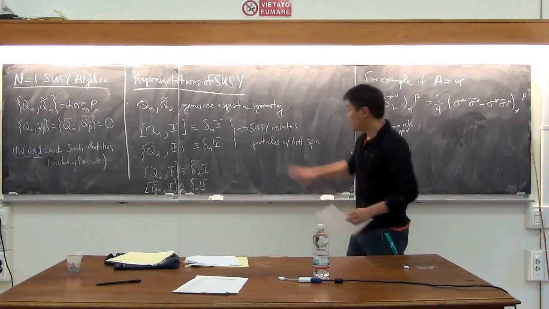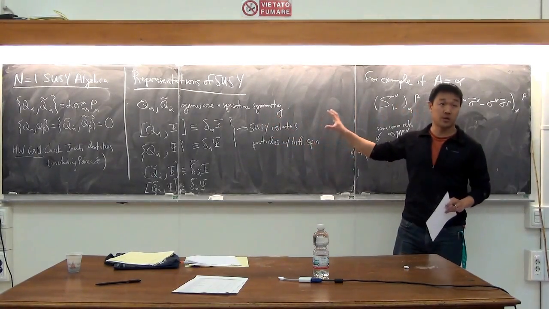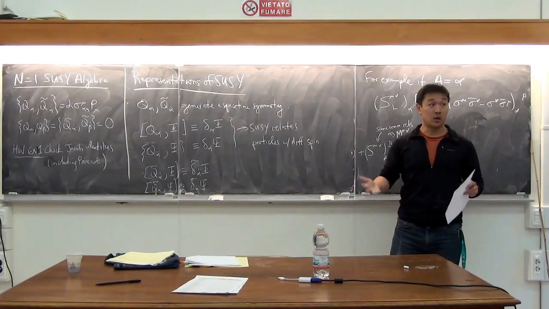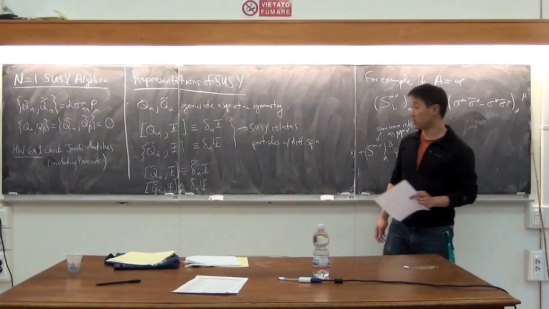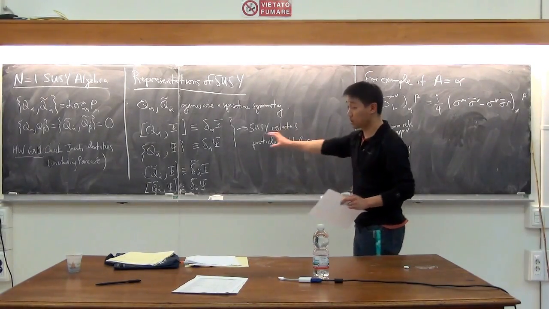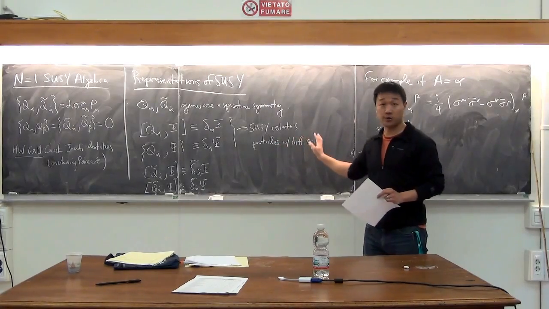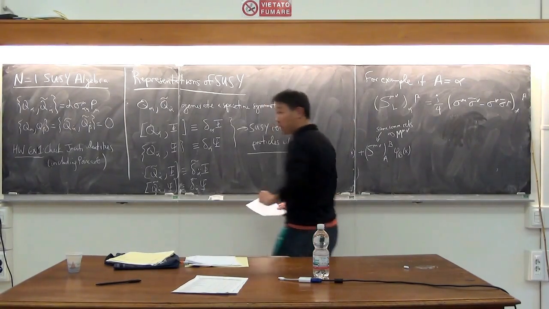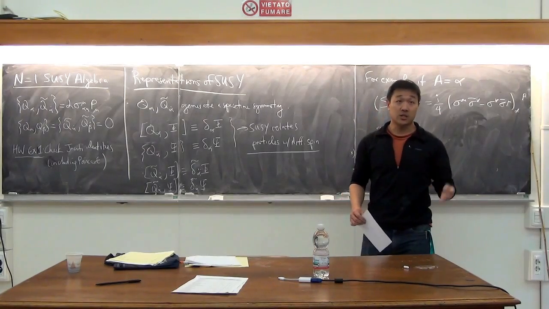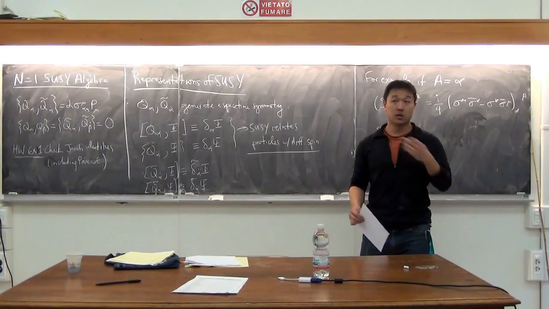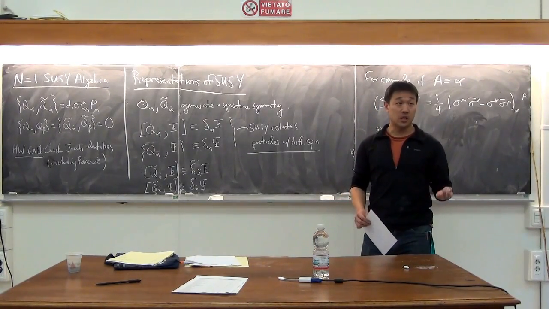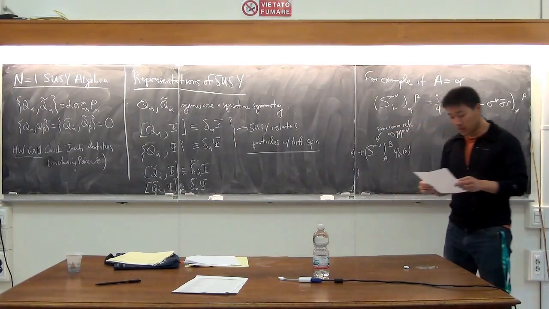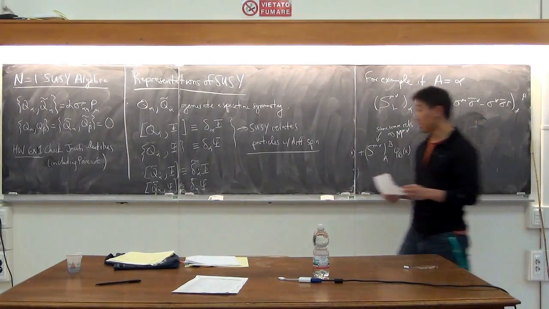So in general, a supersymmetry transformation changes the spin of the particle. That's the novel thing about supersymmetry. It relates by the symmetry particles with different spin. One thing that supersymmetry does not change is the mass. So how do we see that it doesn't change the mass?